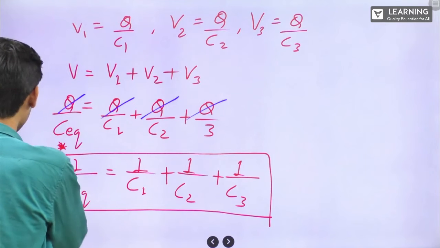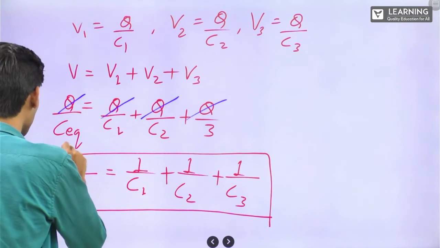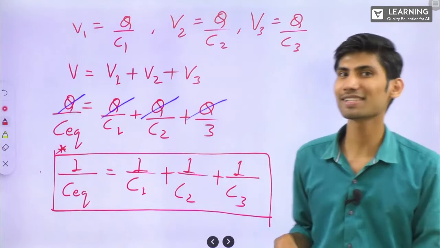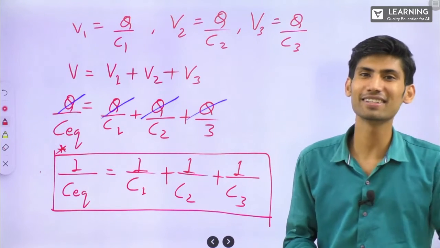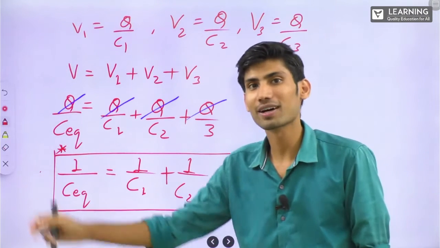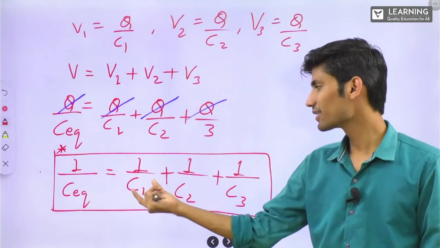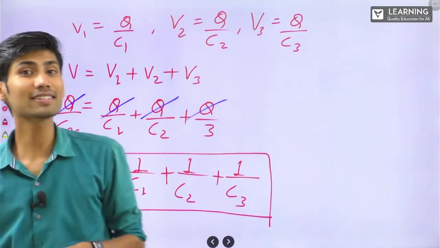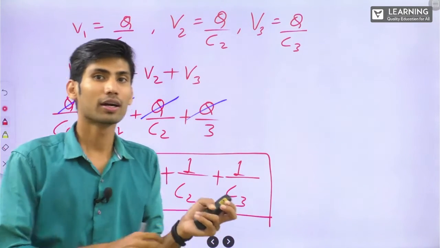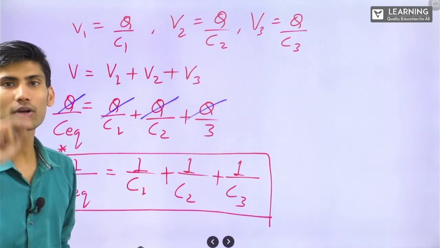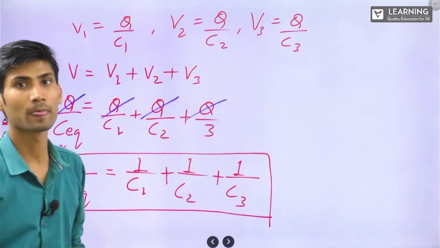Now what you have to remember, or what you can actually compare with the resistance: when the resistors were connected in series, the equivalent resistance was R1 plus R2 plus R3. Here, see, it is 1 upon C equivalent. In parallel, if you remember, when the resistances were connected in parallel, how do we calculate the equivalent resistance? 1 upon R equivalent is equal to 1 upon R1 plus 1 upon R2 plus 1 upon R3.